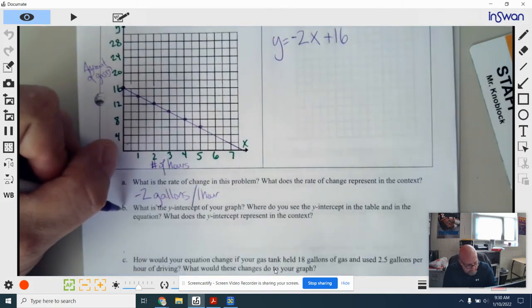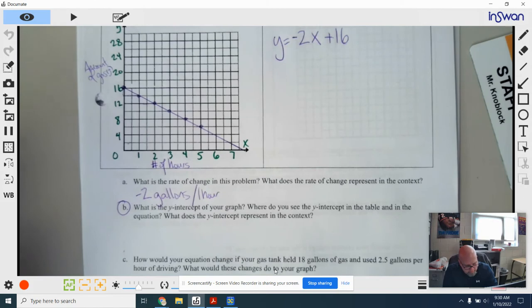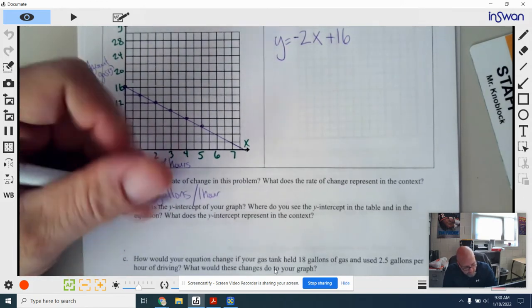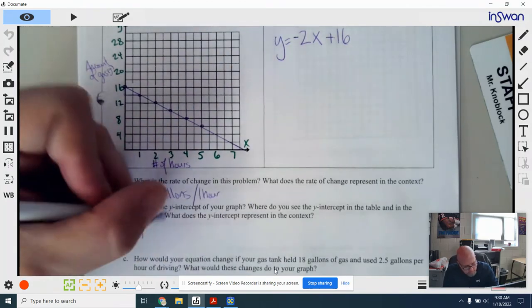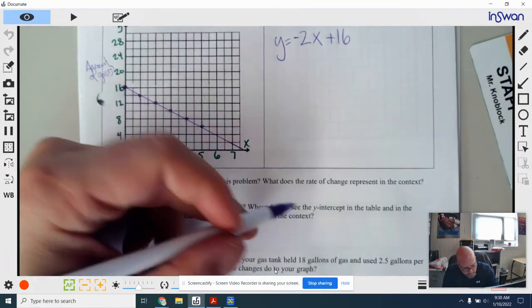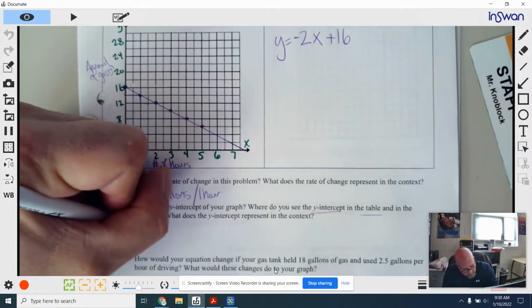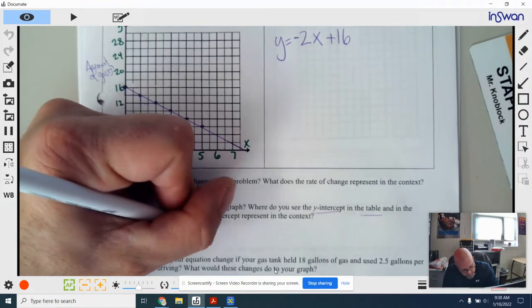Okay, letter B. What is the y-intercept of the graph? Hopefully you answered 16. It is also, again, something we see in the y-intercept in the table, next to 0 for x.